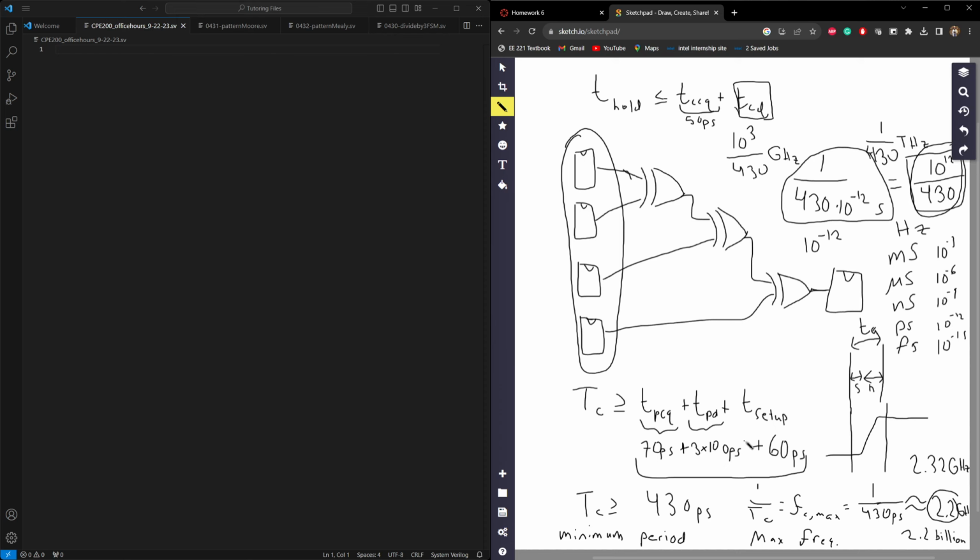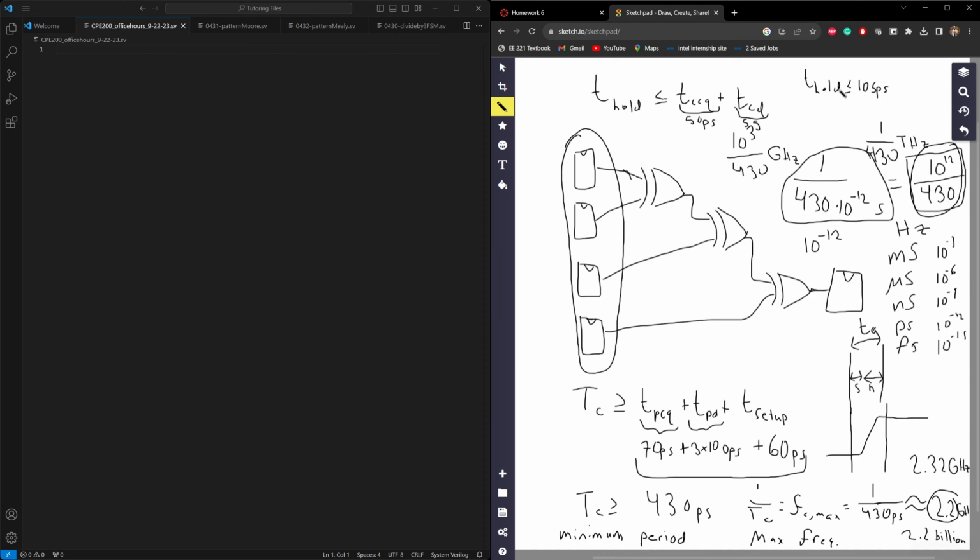For the minimum possible gate delay, it's not 100 picoseconds, but the contamination delay of a gate is how much in this problem? It's 50. I think it's 55. Let me check again. Oh wait, you're right, it's 55. Yeah. So that means our T hold needs to be less than or equal to 105 picoseconds. Does that sound all right with you?